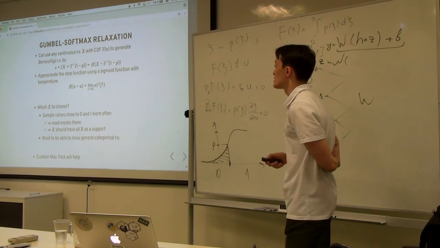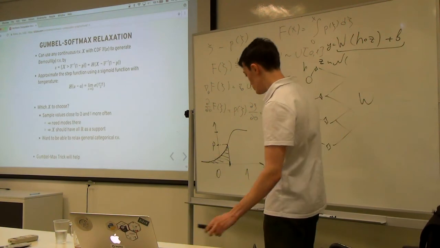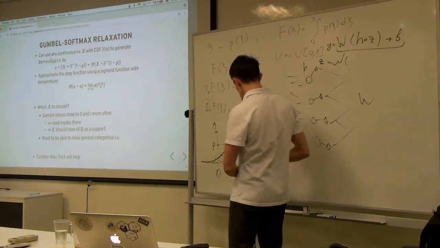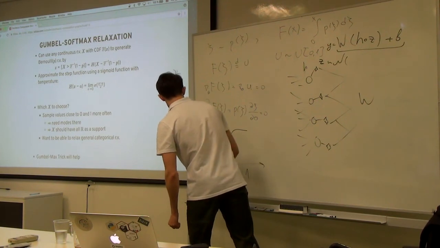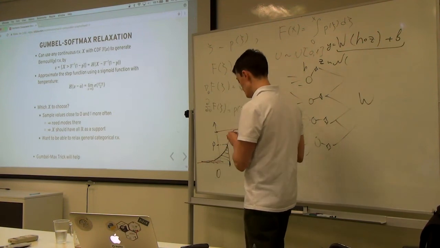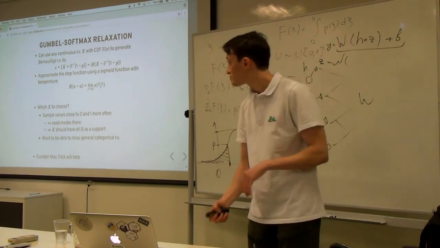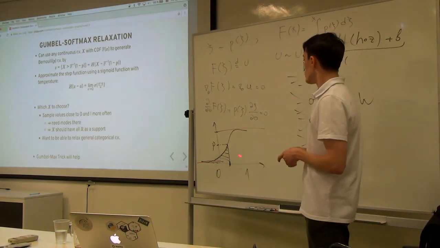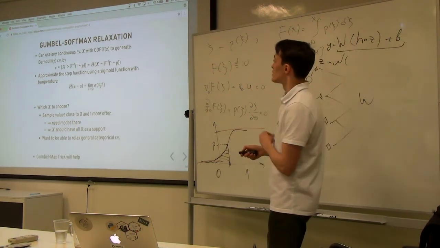The H is a step function, the so-called Heaviside function. That's just 0 for negative values and 1 for positive ones. And it's undefined for 0, but we don't care. So obviously this function is not differentiable.